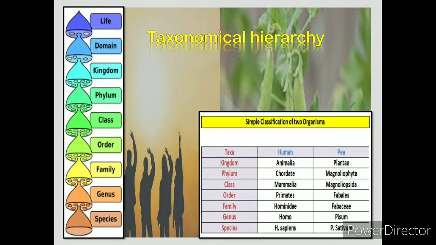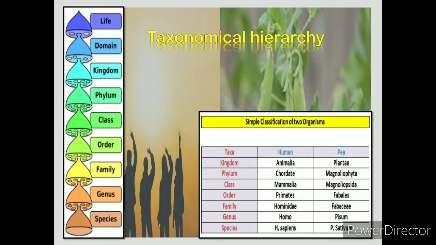The categories used in classification of animals are kingdom, phylum, class, order, family, genus, and species. In case of plants, phylum is replaced by division. Thus, in the taxonomic hierarchy, there are minimum 7 categories called taxa.